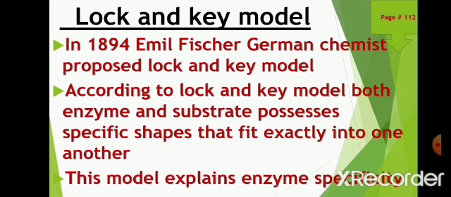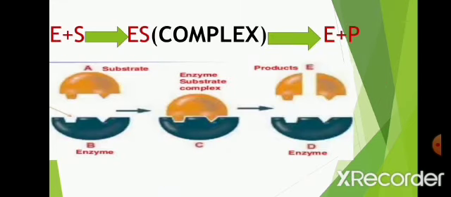Lock and key model was introduced in 1894 by Emil Fischer, who was a German chemist. According to the lock and key model, both enzyme and substrate possess a specific shape.